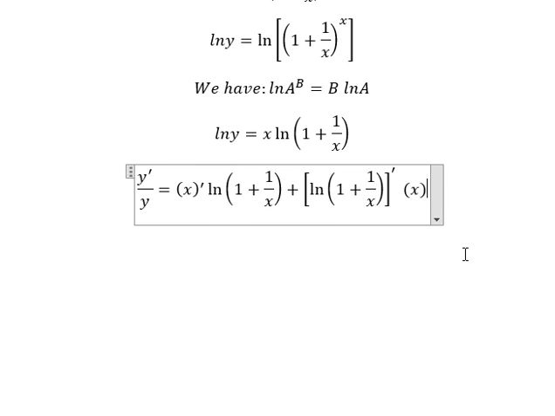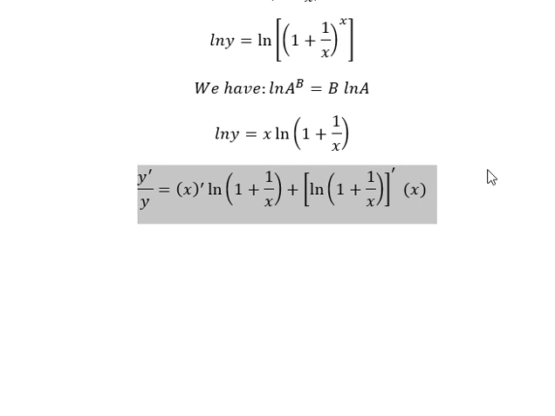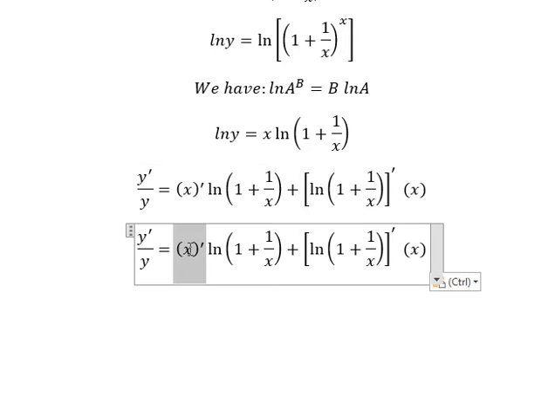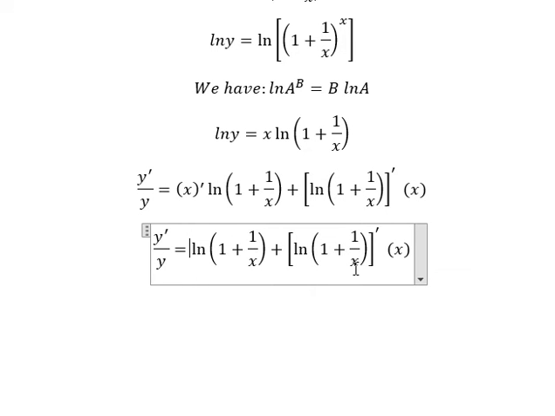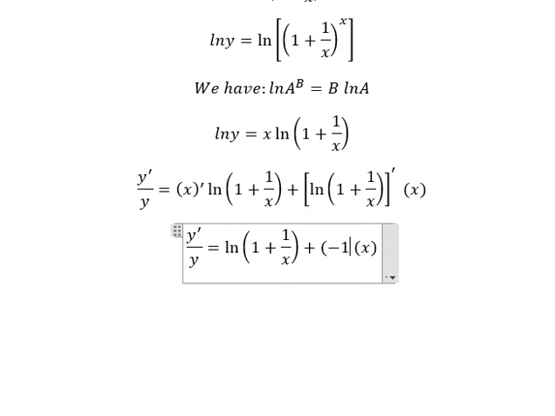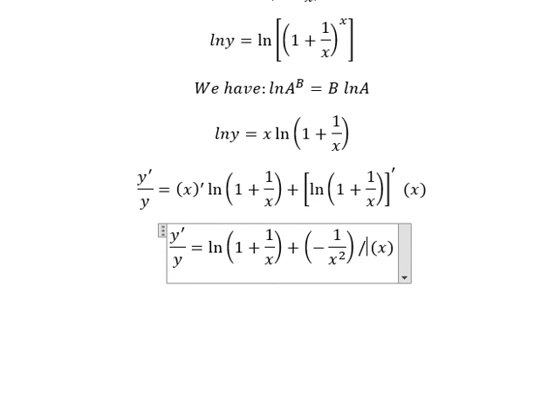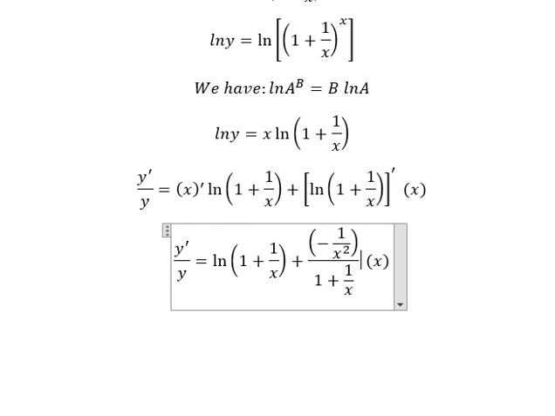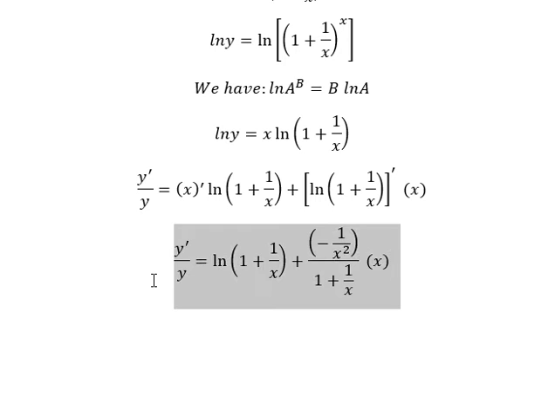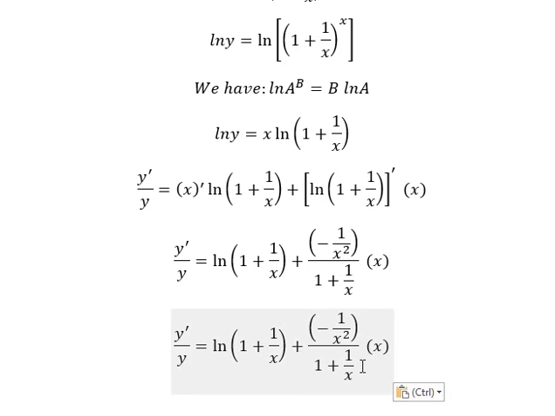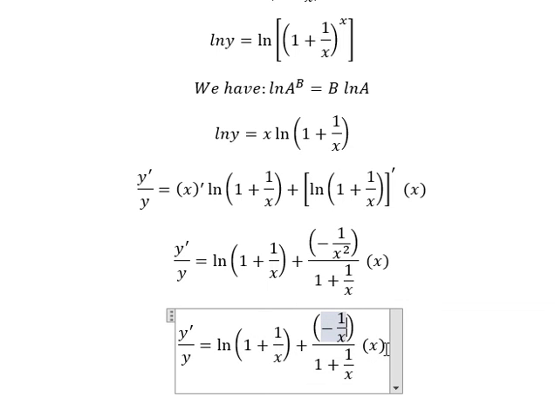multiplied by s. This one we have number 1. This one we have like this. Next, s simplify 1 over s where we have 1 over s.